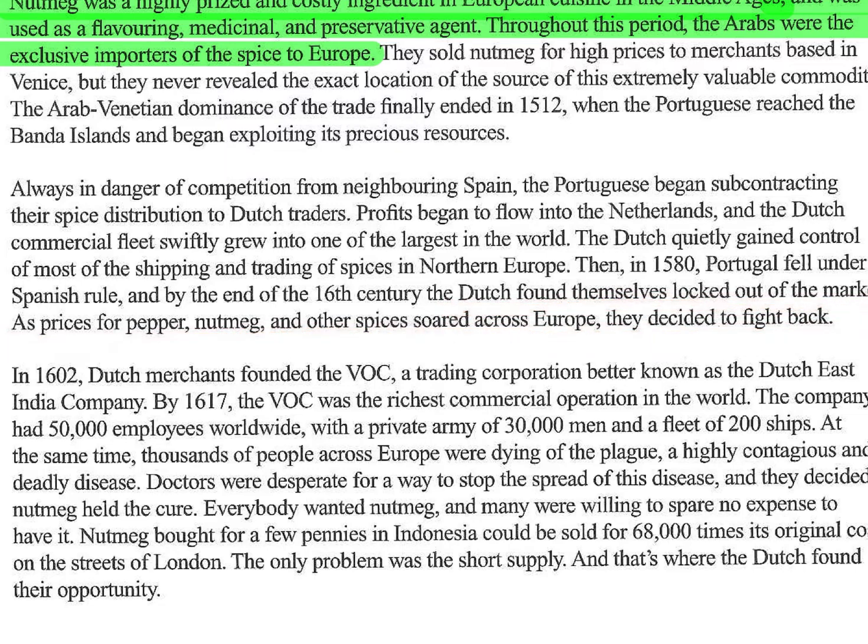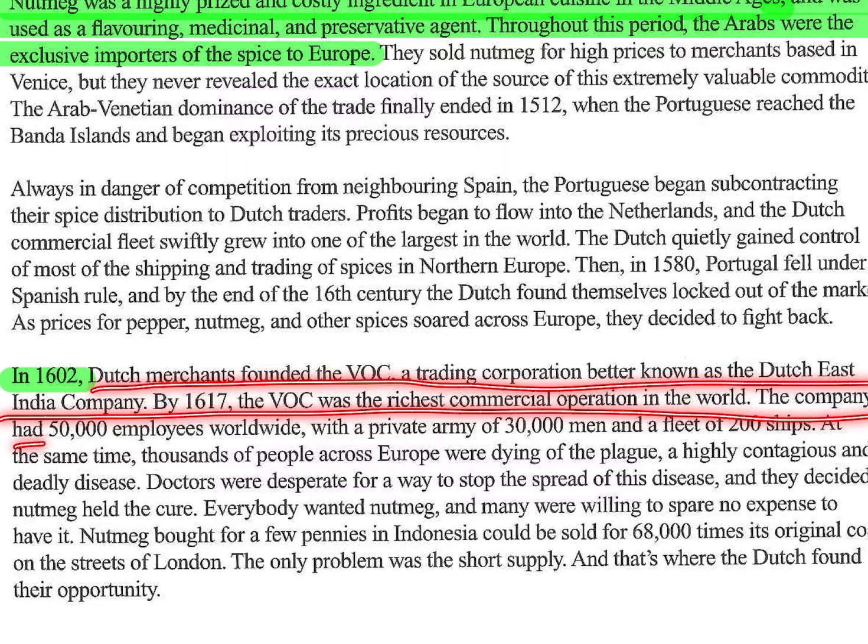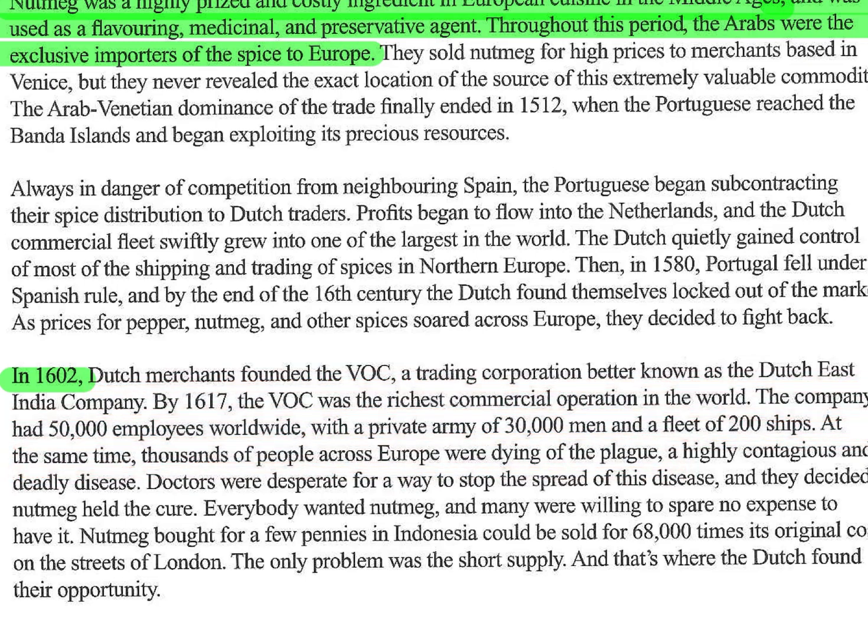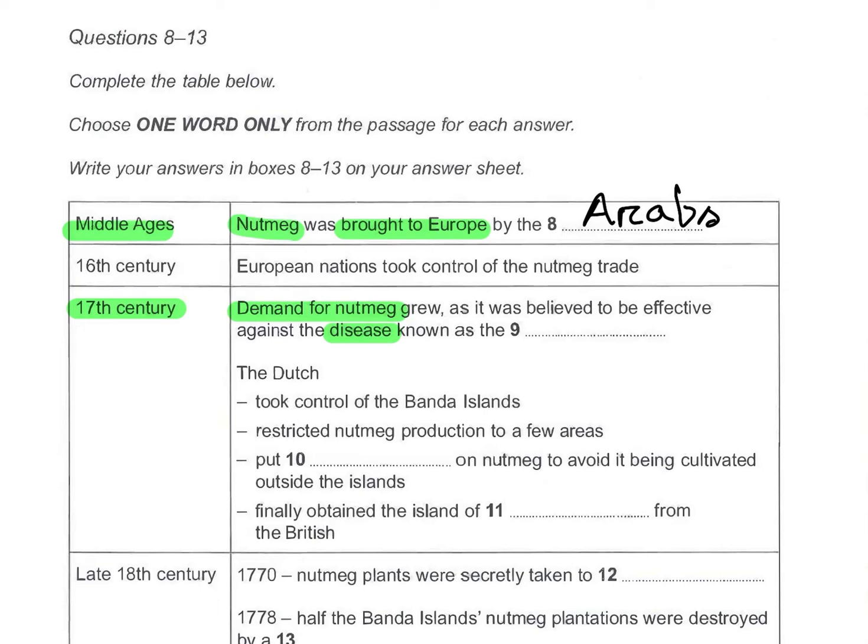Okay, let's continue the reading. Here we got the year 1602. Let's highlight. So from here the 17th century begins. Let's continue reading. So we got our disease, plague. So our answer for question number 9 will be plague.